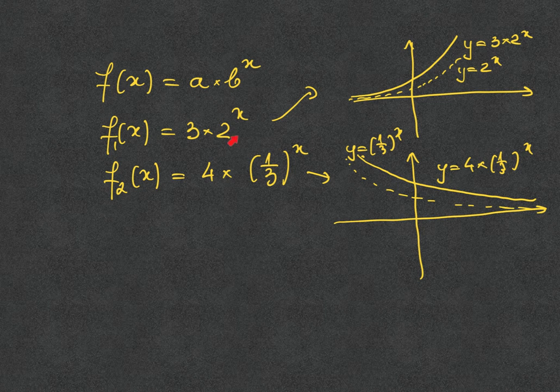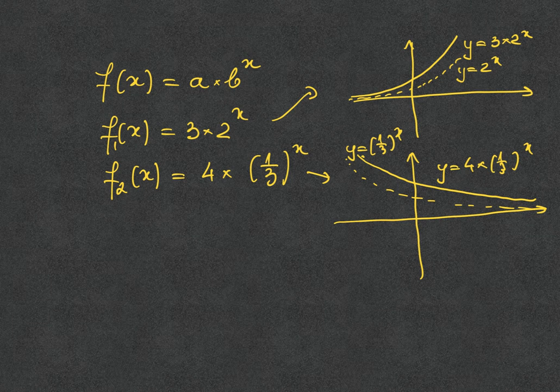In the case when the base of the exponent is bigger than 1, the function is increasing, we'll always have this shape. In the case when the base is between 0 and 1, the function is decreasing, meaning when you draw it from left to right, you descend, you go down.